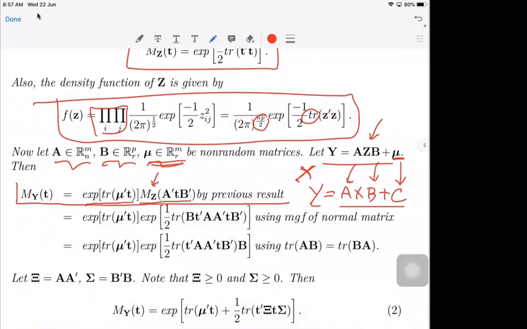And then we know that Z is normally distributed, actually standard normal, so the moment generating function of a standard normal is equal to exponential of 1/2 trace of T prime T. Here.